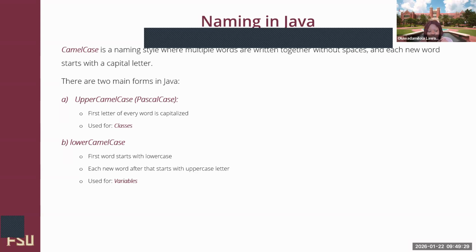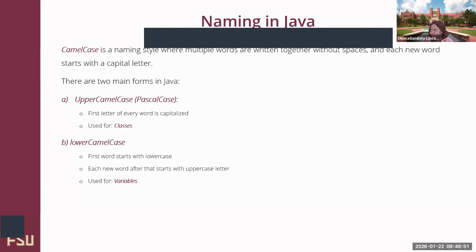And this is majorly used when we're naming our variables, ints, floats, strings, whatever name you're calling that specific variable. So when we are naming our variable, we use the lower CamelCase.